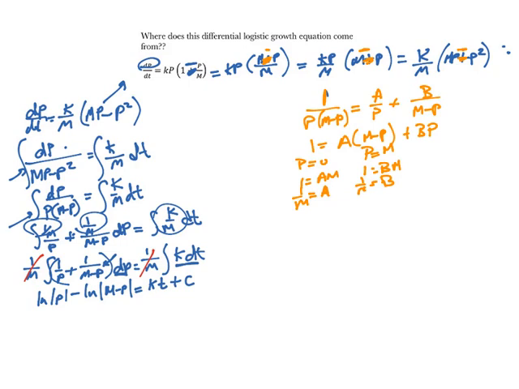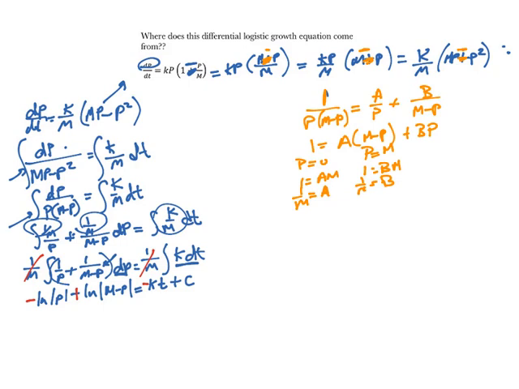Now I'm going to do something to make life a little easier because I know what I want. You wouldn't necessarily know to do this, but I'm going to do it. So I'm going to multiply everything through by a negative 1. So I'm going to make this negative natural log p plus a natural log of m minus p equals negative kt, and it doesn't matter that c is c because c is going to change depending on whatever it is, so that's okay.